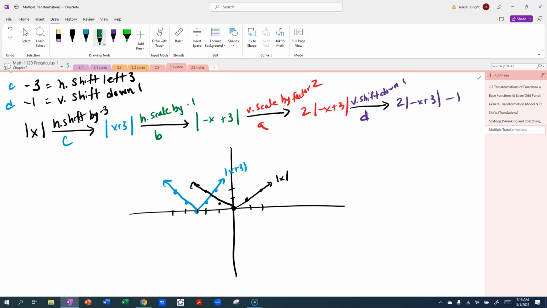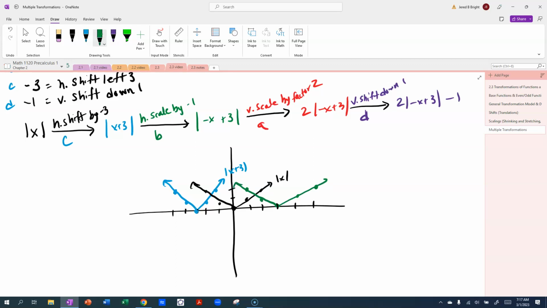Next one. Horizontal scale by -1. So that takes all my x values, and scale means multiply, right? Multiply them by -1. So I'm at -5 here. Now I'm at +5, and then +4, +3, +2, +1.